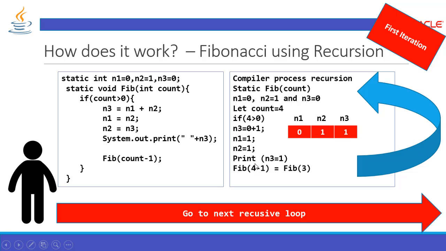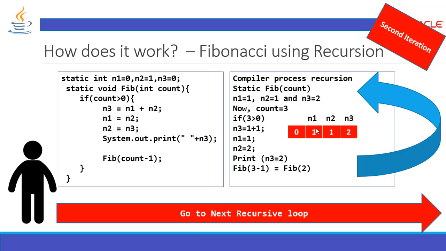The count is now reduced to 3 since it is count minus 1 in the end. So the count is 3 now. In the next iteration, the count is 3 and n1 is 1. The pointer has moved from 0 to the next index of an array or a list or a series, and n2 is 1 and n3 is 2.